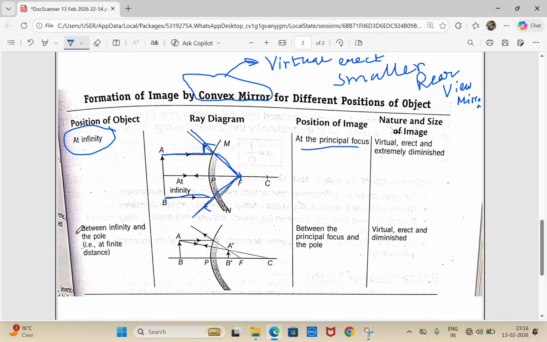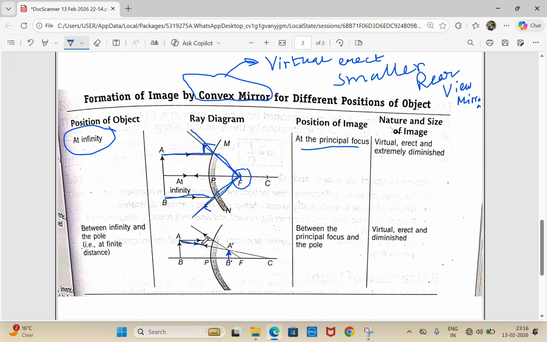And if the position is in between infinity and the pole, then you can always obtain a virtual, erect and diminished image. Here the image is highly diminished in the previous case, but in this case it is diminished, virtual and erect.